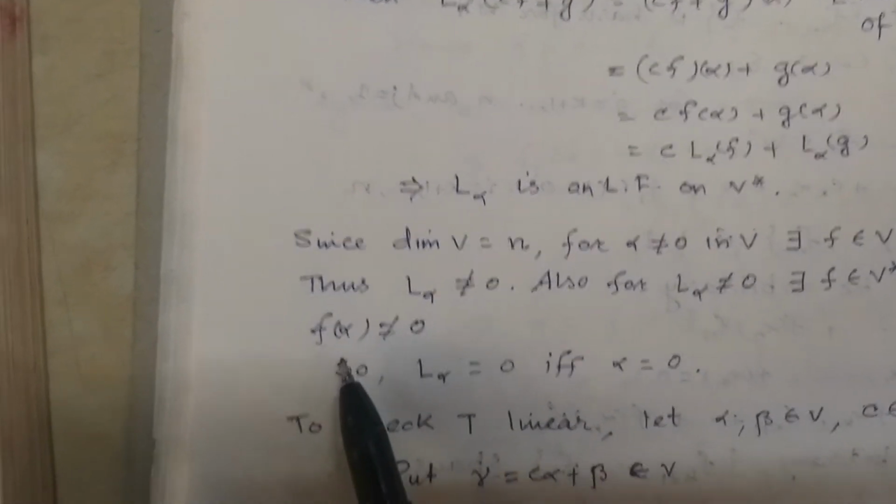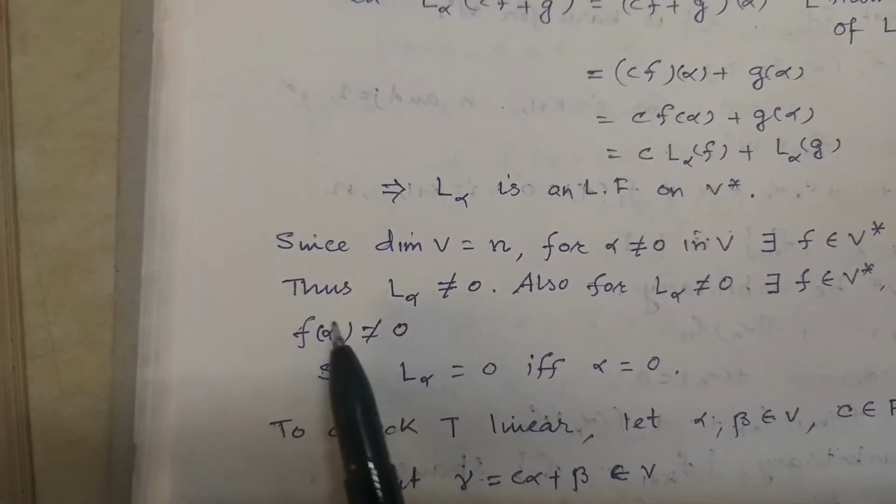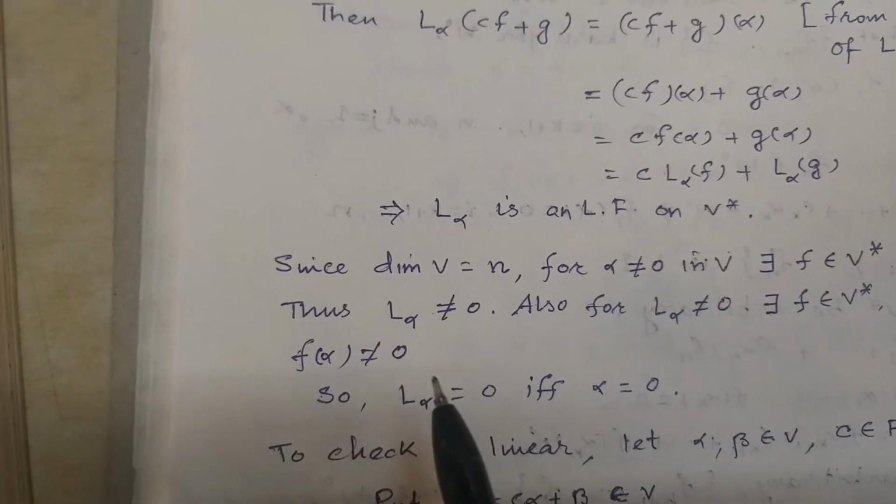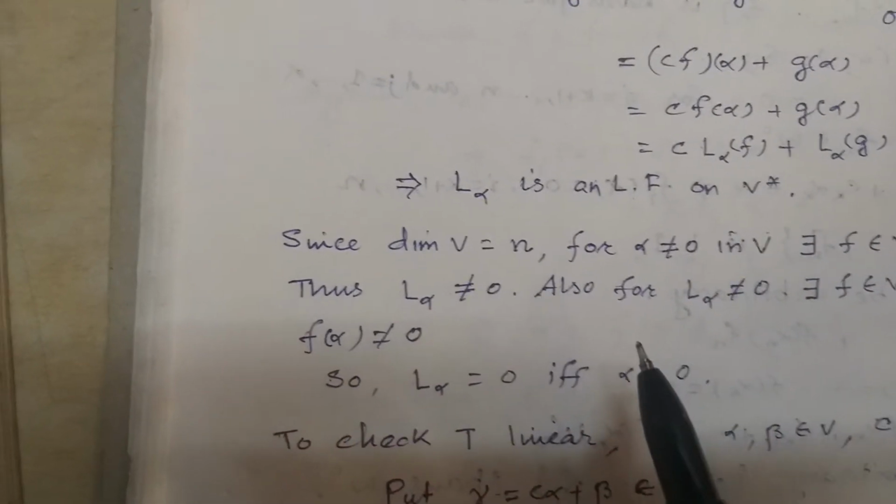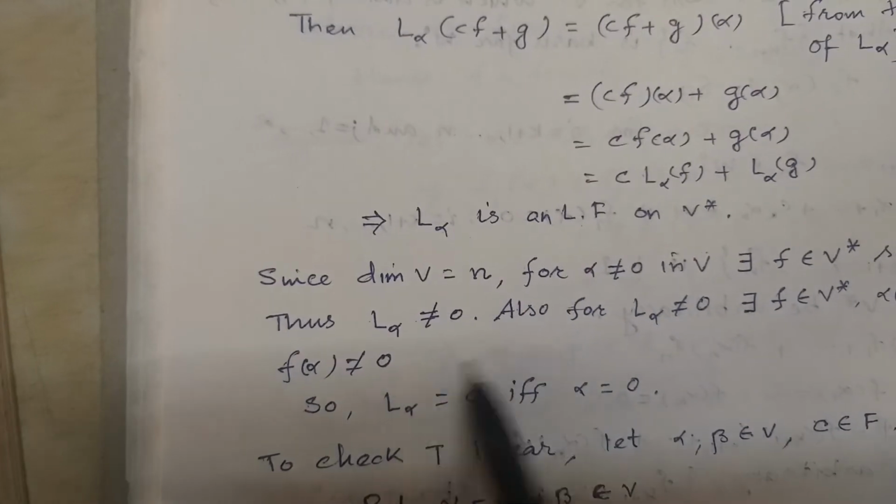So definitely f of alpha is not equal to 0, because if f of alpha were equal to 0, L alpha of f would be the theta element, the 0 element. So be careful in this portion.